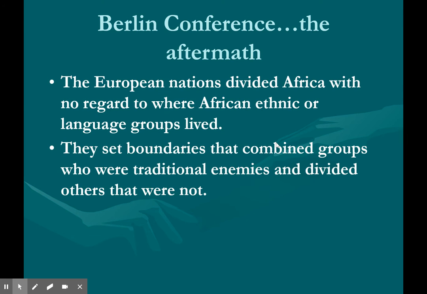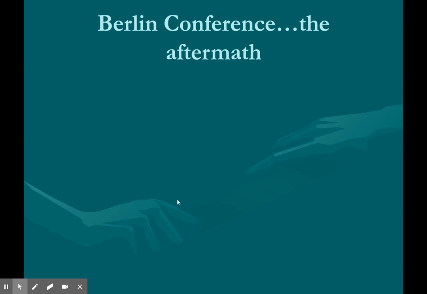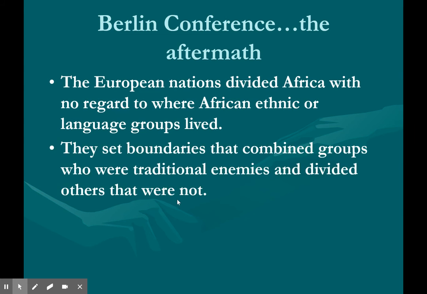All of a sudden, now, if you look at previous maps, Belgium controls this area. But what if they split up the same nation? So now all of a sudden, half of the tribe or the nation is controlled by France and half is controlled by Belgium? Or what if all of a sudden now, the British or Portuguese in this area combine two people groups who are enemies, and then they're making them live by each other and go by these different rules? That's going to cause a lot of tension.